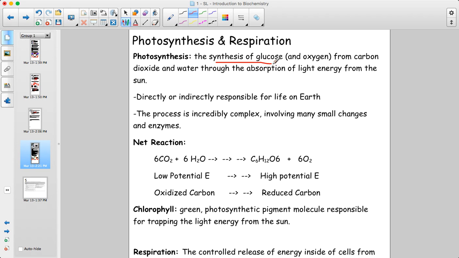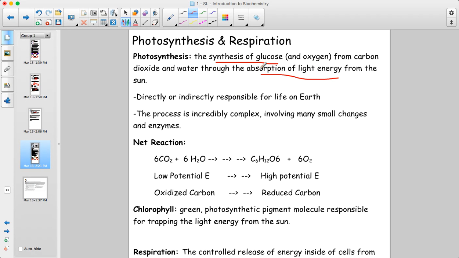Okay, so they synthesize a monosaccharide, a simple sugar. They also make oxygen in the process as a waste product, which is useful for us. But the key really is that they make glucose from carbon dioxide and water, and they do this through the absorption of light energy. So that's why it's called photo, and synthesis means building. So you're building stuff thanks to the light that you're getting from the sun.